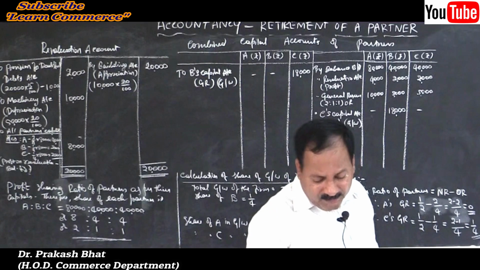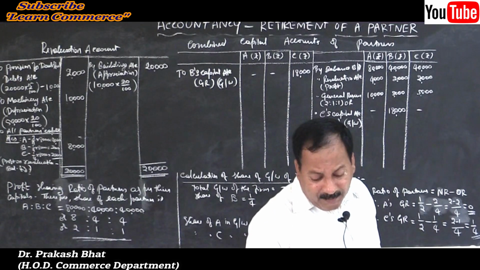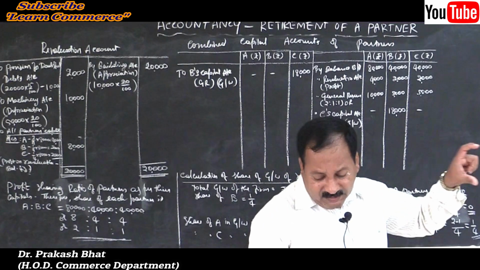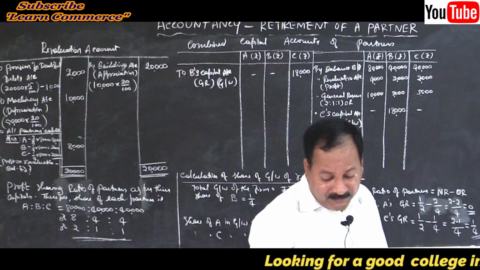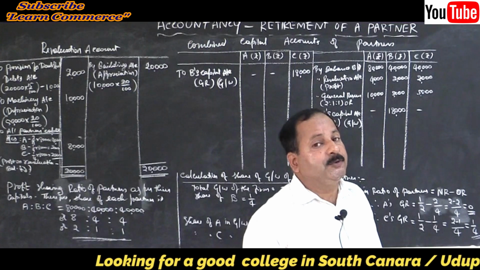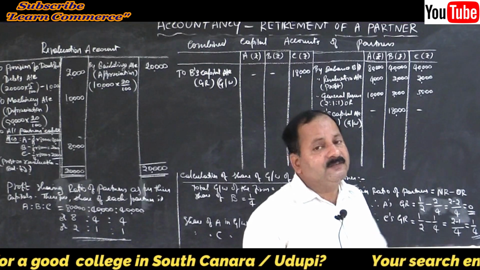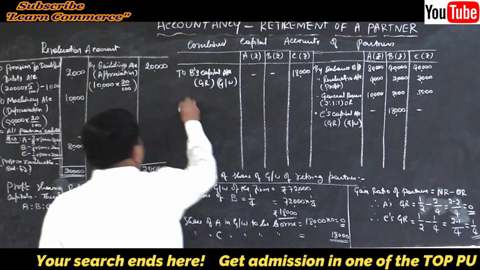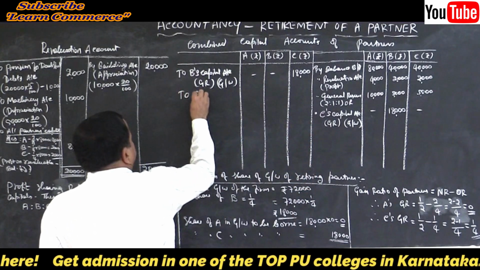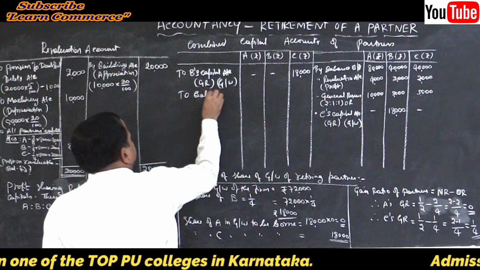Goodwill treatment is over. Then capital balances should be kept in equal proportions, adjusted equally among continuing partners. So 1,20,000 is the total capital, so 60,000 each. To balance carried down. Write this first.